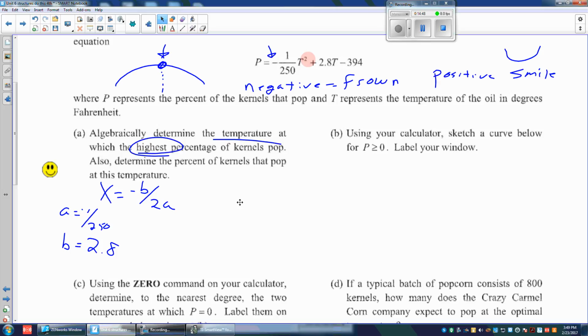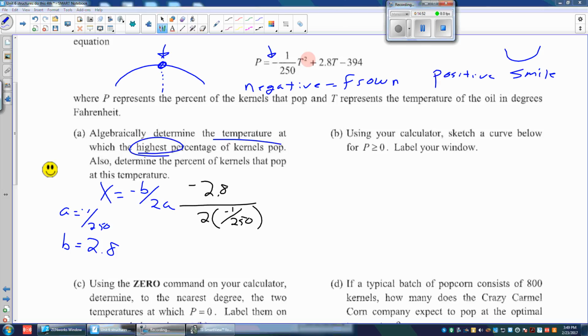Let's go on. Plug those in. Now listen, you've been doing math your whole life. I hope you've been doing math your whole life, and you see the negative divided by a negative is going to be a positive, so we can just get rid of those negatives right there. And then 2 over 250 is the same as 1 over 125.